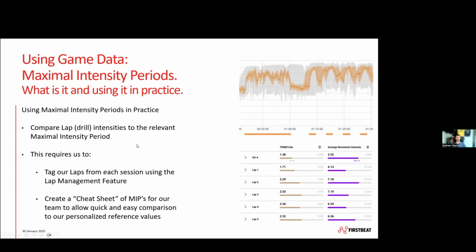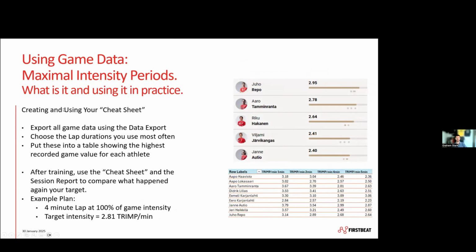So maybe you use 2 minutes, 4 minutes, 5 minutes, and 10 minutes. Maybe that's how you structure your training. So you would export your data out via Excel, create a table with just the durations of interest, and save that, and use that as your reference point when you're analyzing your training.